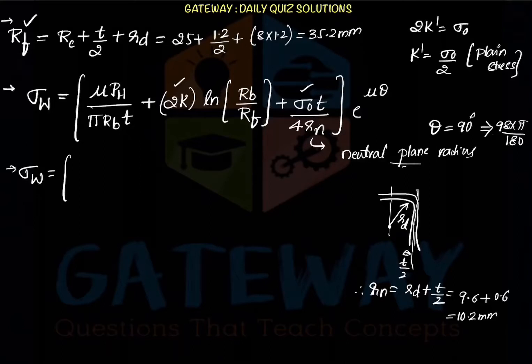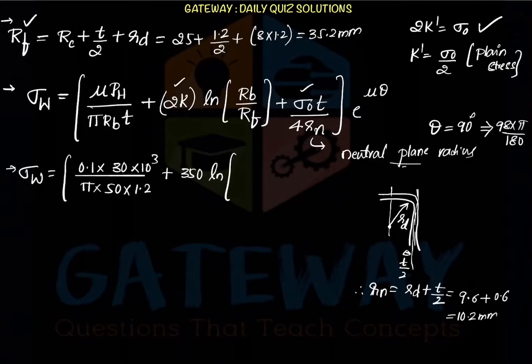Sigma W, nothing but wall stress, is equal to mu was given in the question as 0.1 into the PH value, nothing but holding force, given as 30 kilonewtons, upon pi into RB, the blank radius given as 50, and the thickness given as 1.2, plus 2k, nothing but the average flow stress sigma naught, given as 350, into natural logarithm of RB initial 50 upon RB final, we calculated effective R final as 35.2, plus sigma naught given in the question as 350 into the thickness 1.2 mm, upon 4 into Rn, we have calculated here 10.2.